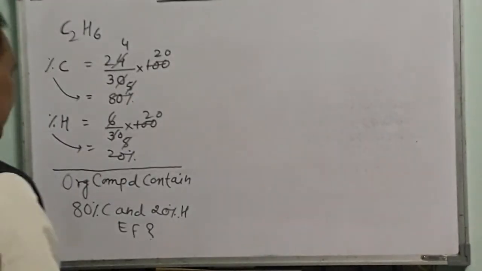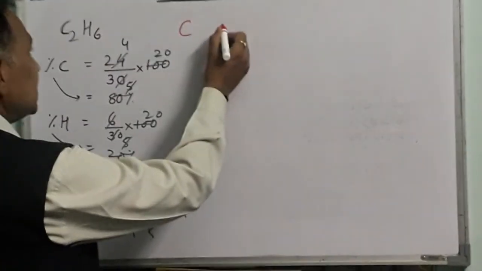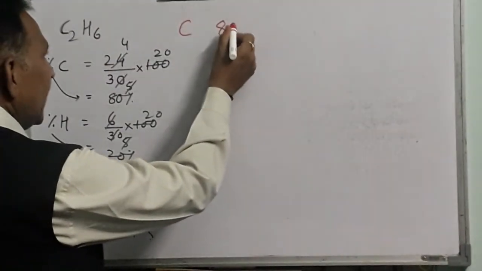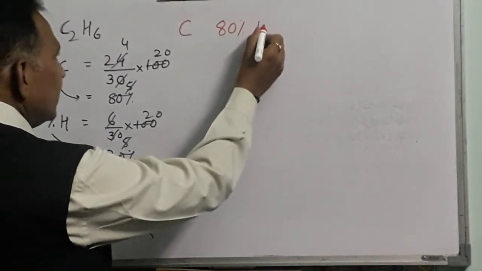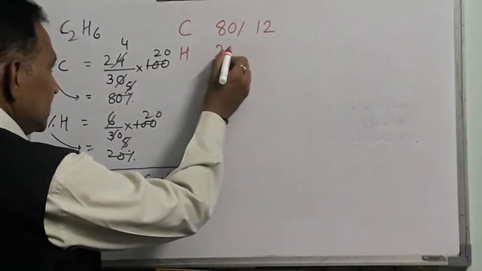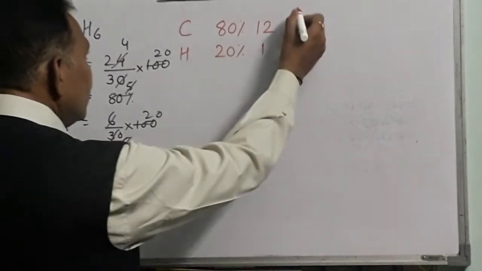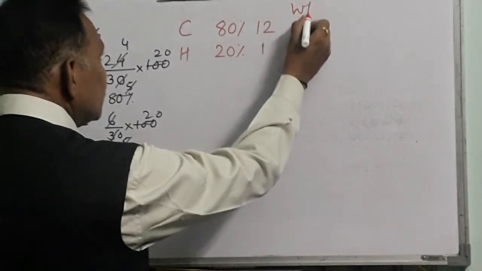See now whether we are getting it or not. So carbon is the first element. Its percentage is 80% and its atomic mass is 12. Whereas the other element is hydrogen. Percentage is 20 and atomic weight is 1. Now we have to calculate the weight ratio first.